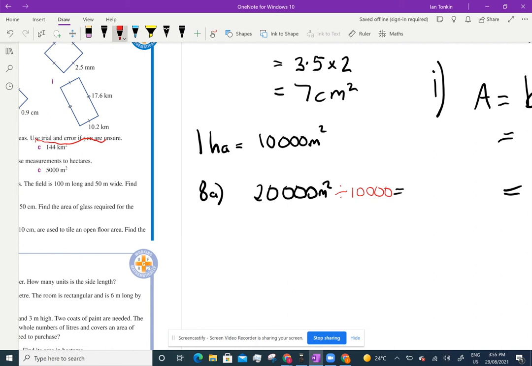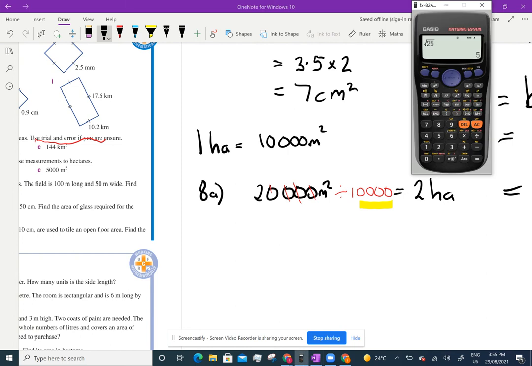Now you can use your calculator, or you can just cross off 4 zeros, 1, 2, 3, 4. 20,000 meters squared to hectares, 2 lots of 10,000. Now, when I say cross off, you're dividing, you're cancelling. But let's double check on our calculator. 20,000 divided by 10,000.